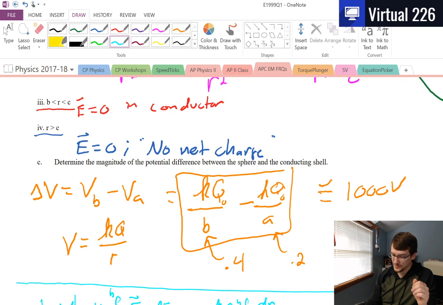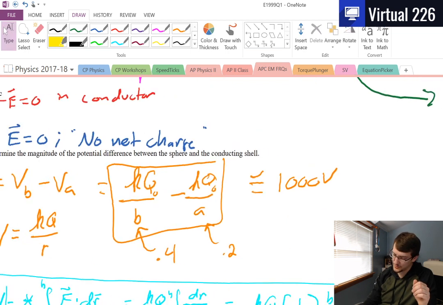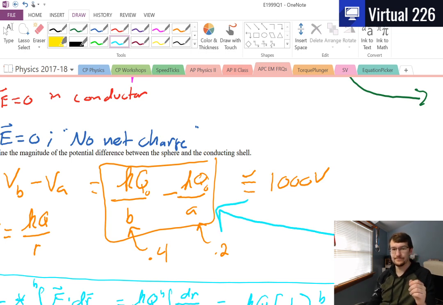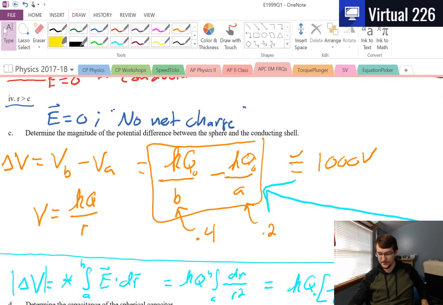And we're going to just get KQ times 1 over r from the bounds of A to B, which means that this will just be KQ times 1 over B minus 1 over A, which is literally the same thing we have up here. So if you wanted to do it the calculus method, you're more than happy to, but nothing changes. Okay? So that's just kind of a neat thing regarding that.